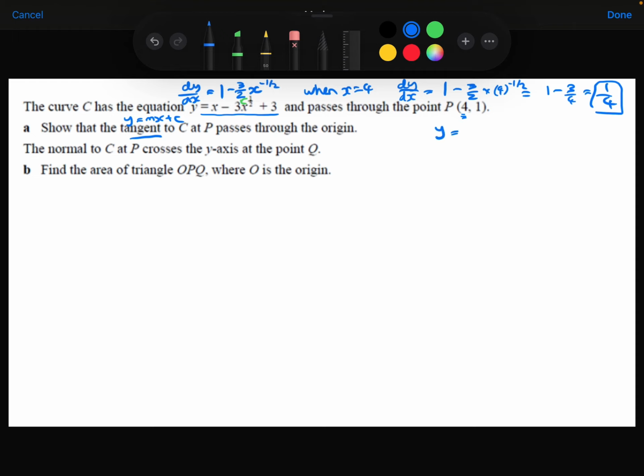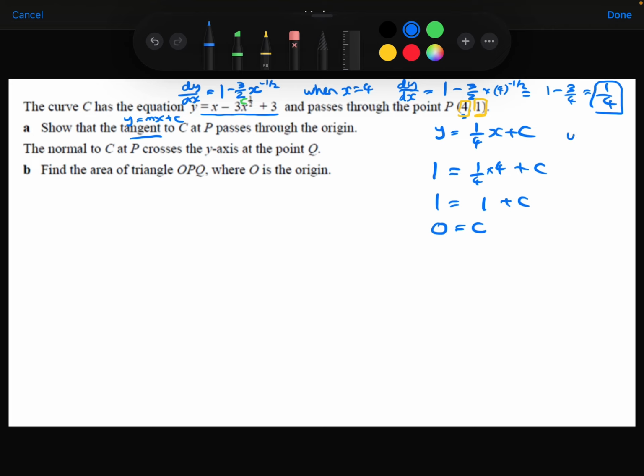So y equals mx plus c. We know that y is 1 when x is 4, so let's substitute that in. Y is 1 when x is 4. So therefore c is 0.